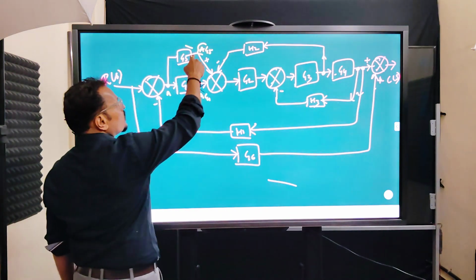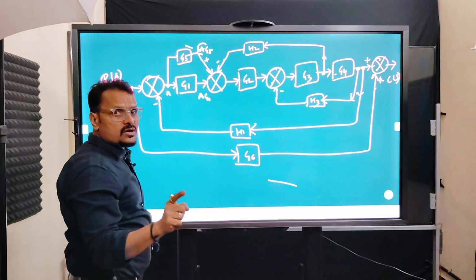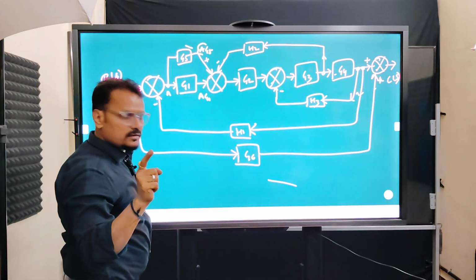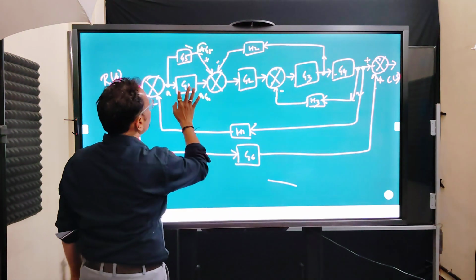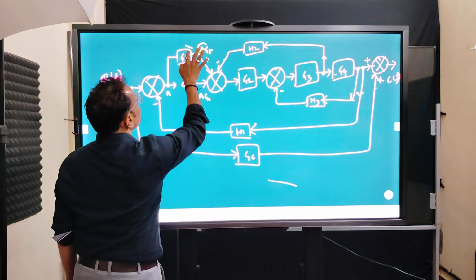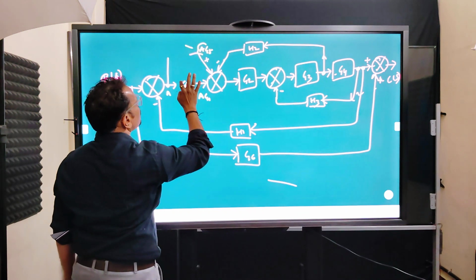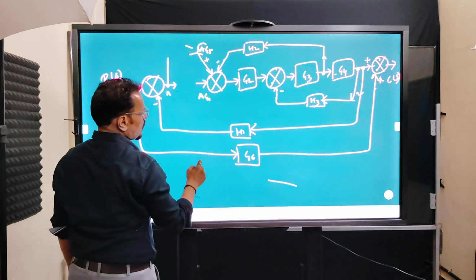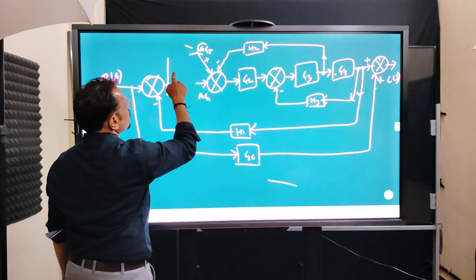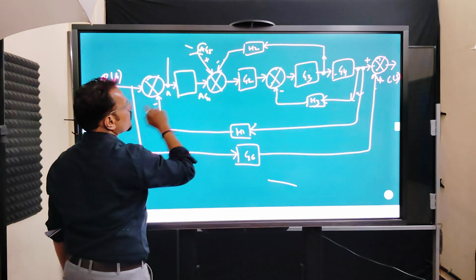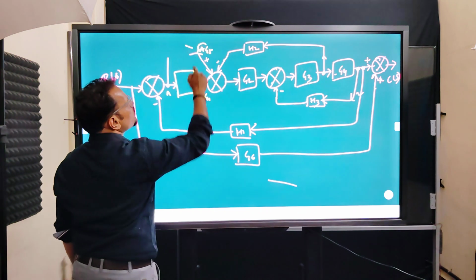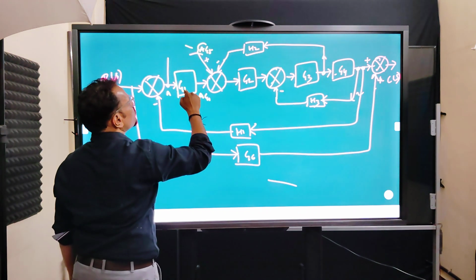This can be replaced with one new block, and that block should be the addition of both, G1 plus G5.